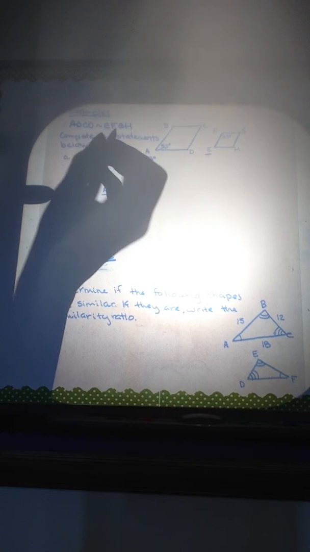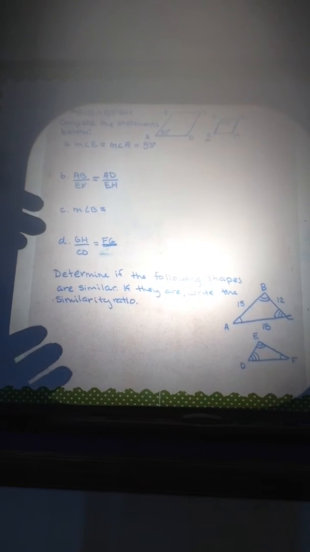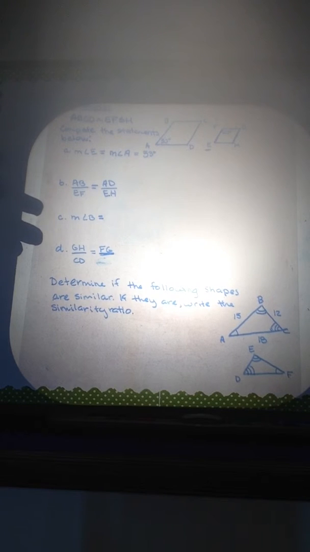And then AD, which is first and last, is going to go with EH because that's first and last on the other side. So I'm looking at my piece that's in the same fraction and finding the one that corresponds. So AD was on the top, so EH goes on the bottom. And we're just looking at the order of that statement.